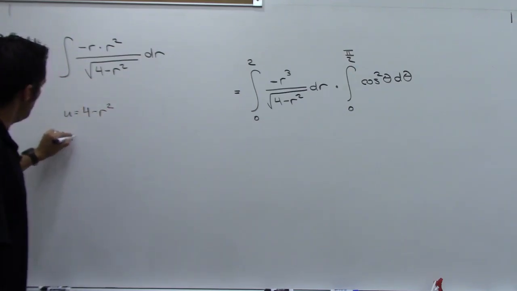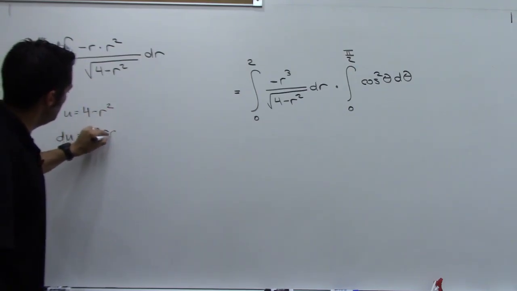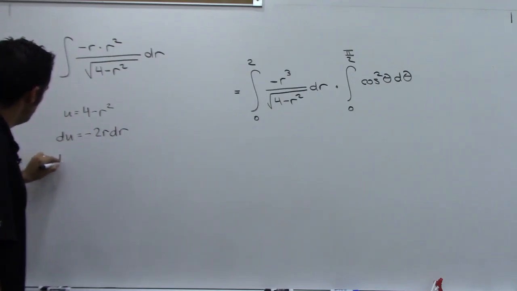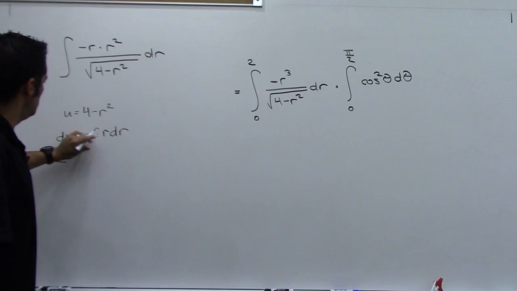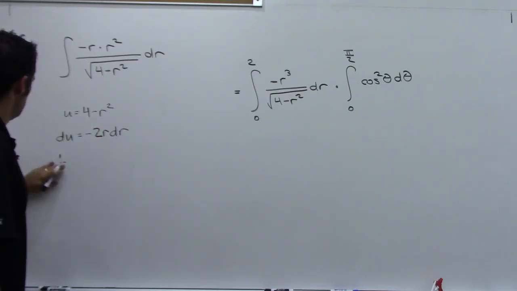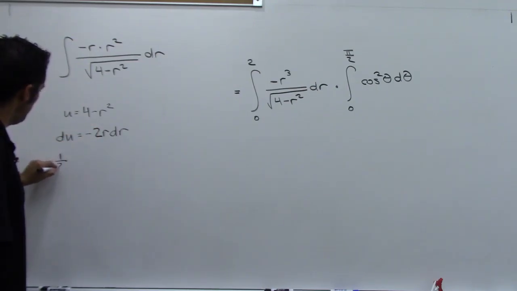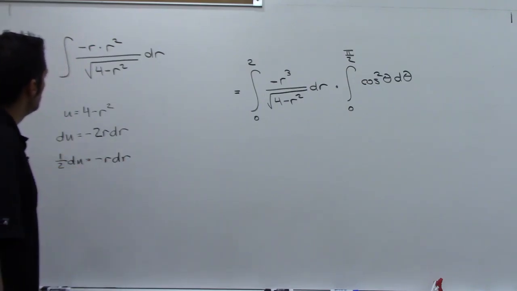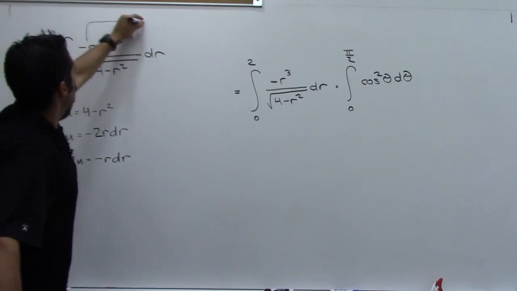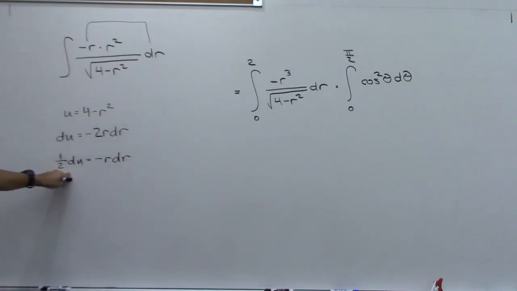The derivative of that is negative 2r dr, which means, I have a negative r up here. So let me just divide both sides by 2. So 1/2 du is negative r dr. So what I notice is negative r dr is going to become 1/2 du.